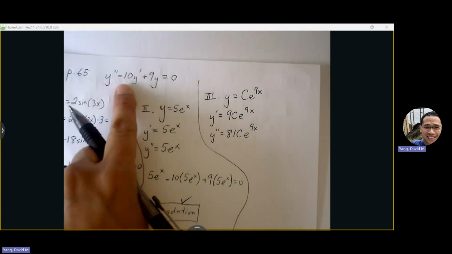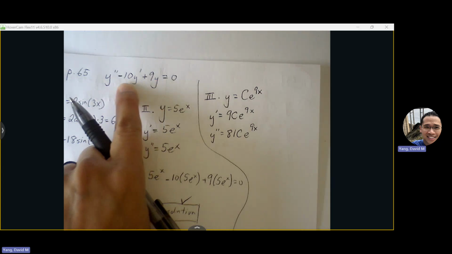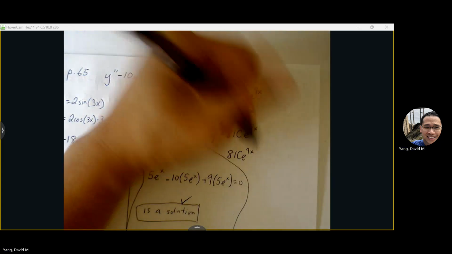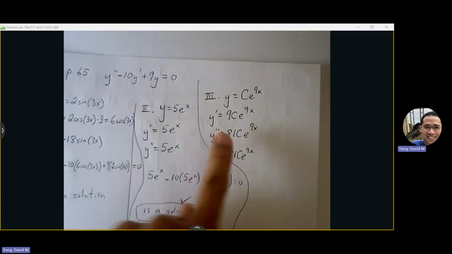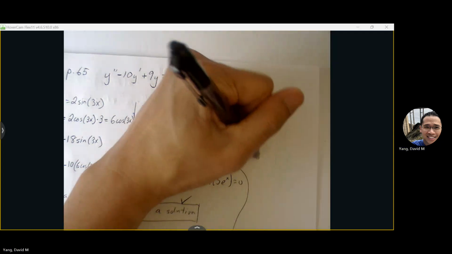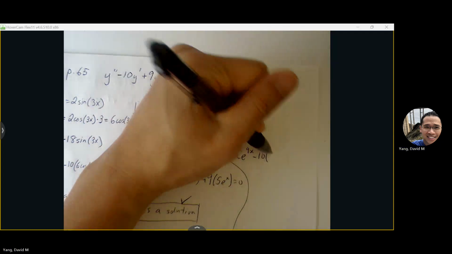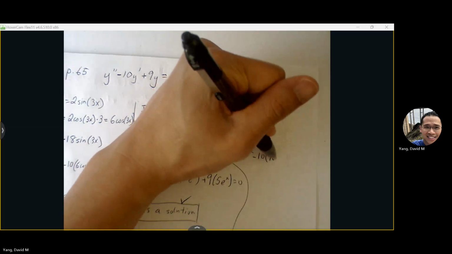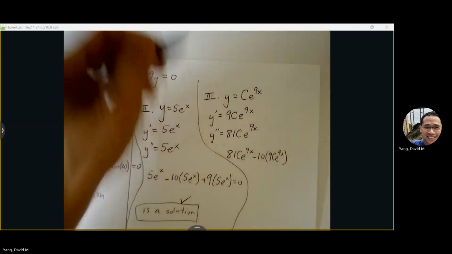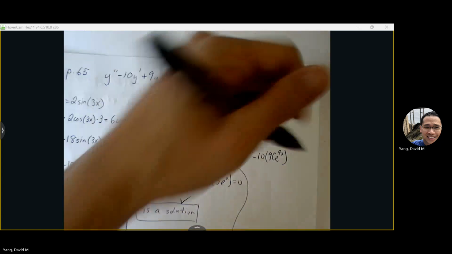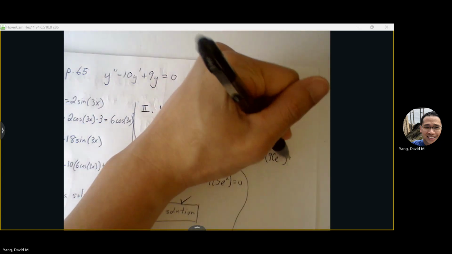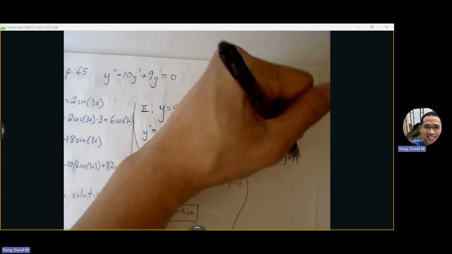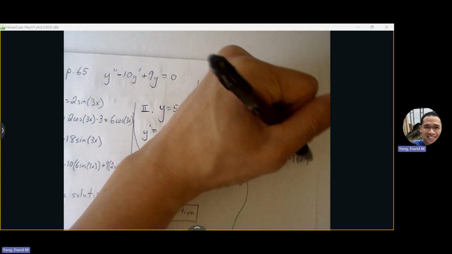Take all this information, put it into my differential equation. Minus 10 times this, plus 9 times ce to the 9x, equals 0.